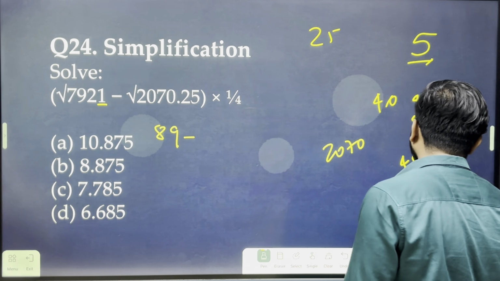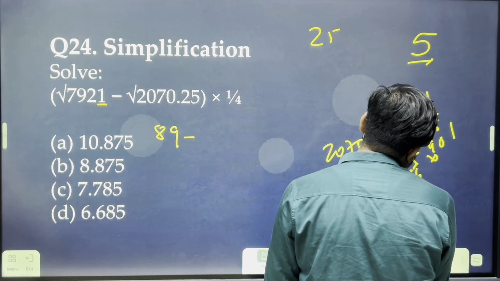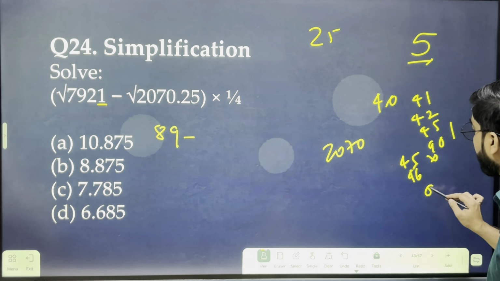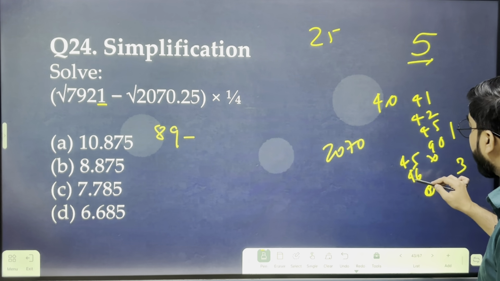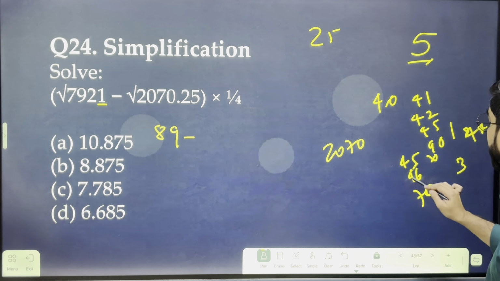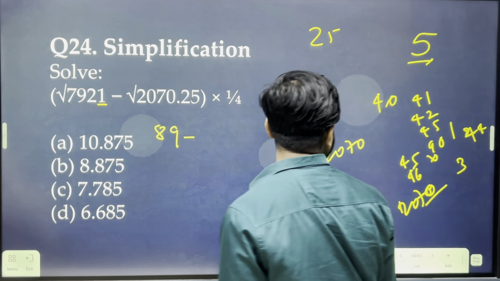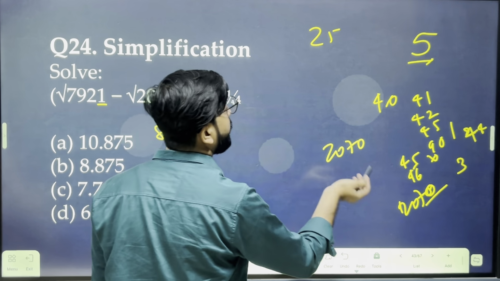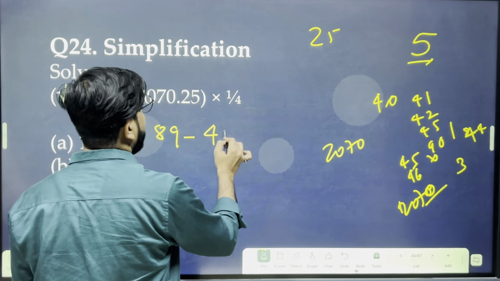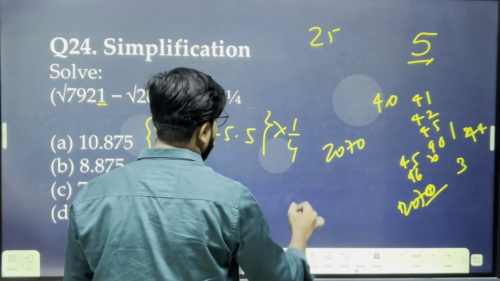That is making 0. 3 is carry, 5 into 4 is 20 and 24, 44 plus 3 is 47, 4 into 4 is 16 and plus 4 is 20. Yeah, it is making. So this is 45 because we multiply with one more number extra. So that is 45.5, the square of this 1 by 4.